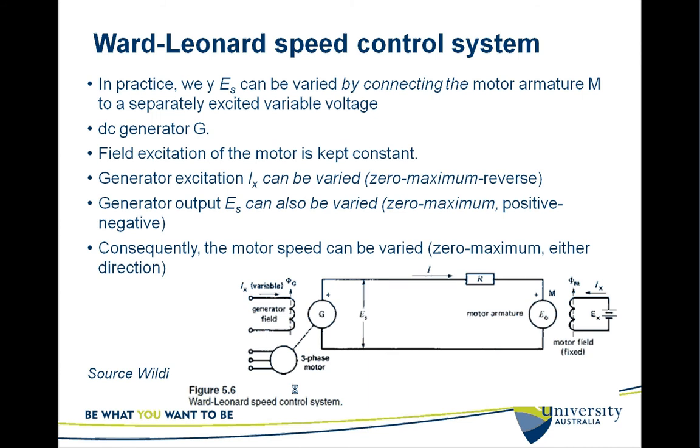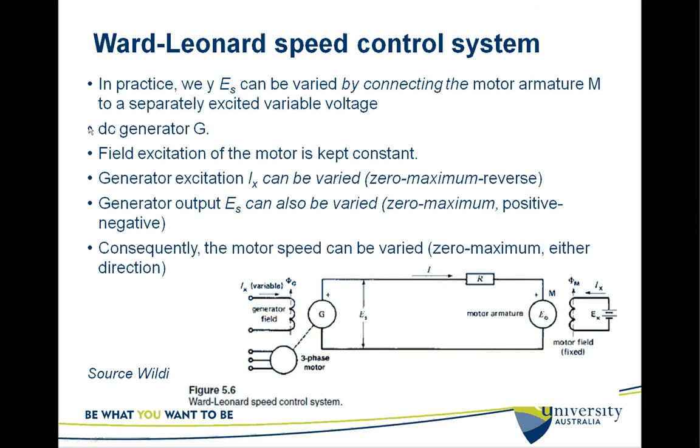Now, the Ward-Leonard speed control system. In practice, ES can be varied by connecting the motor armature M to a separately excited variable voltage DC generator.